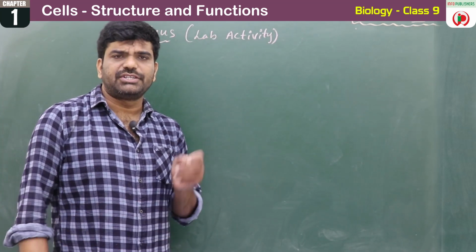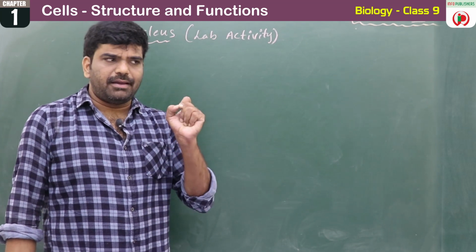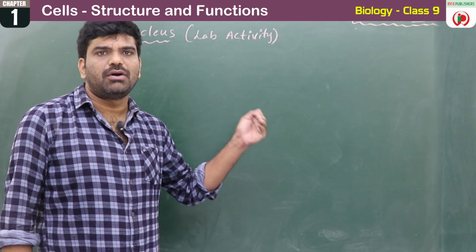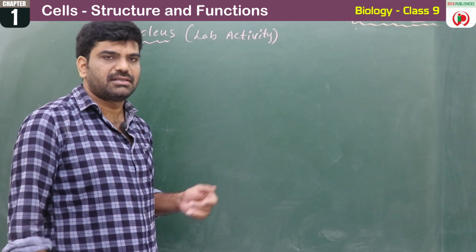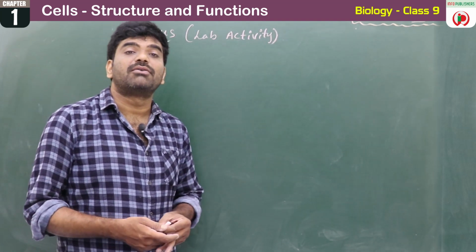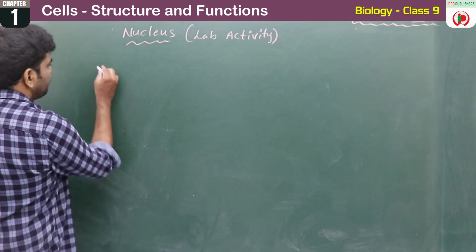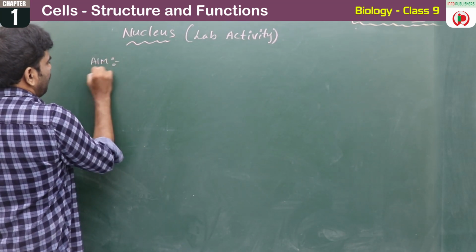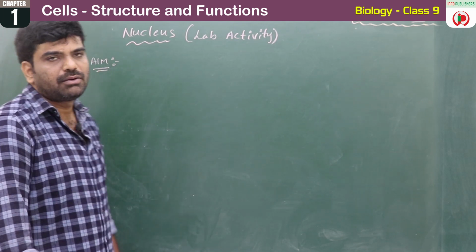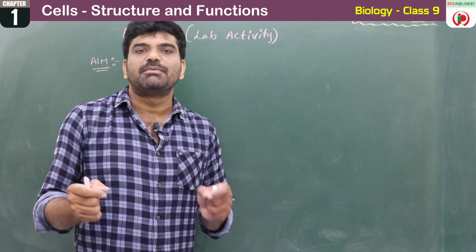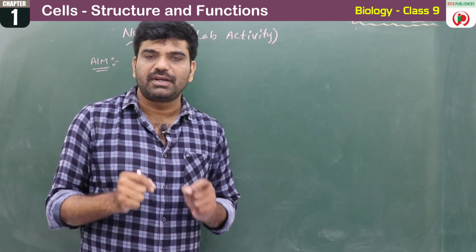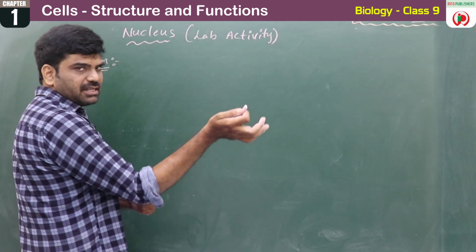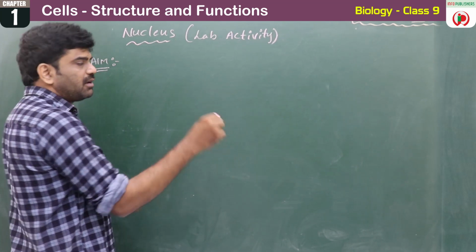Here, see children, if you want to write any experiment, you have to follow certain things. First one, you have to write the aim. What is our aim here? To observe the nucleus in cheek cells. Cheek cells are animal cells, yes or no? In 8th class you have learned.